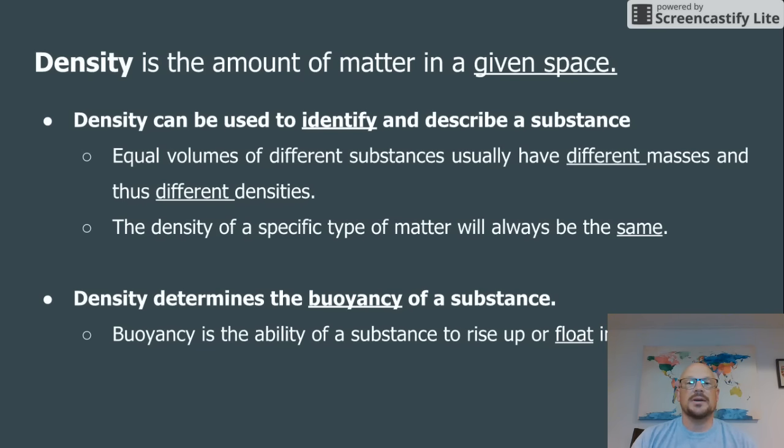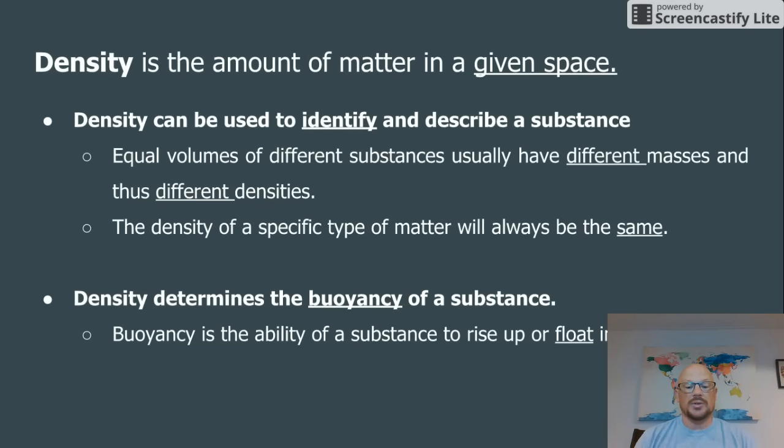Density is the amount of matter in a given space. It's very similar in wording to the definition of mass, but it is a little bit different. This information can be used to help identify and describe a substance. For example, if you have a baseball in one hand and a styrofoam ball of the same size in the other, you'll notice that both take up the same amount of space, or have the same volume.